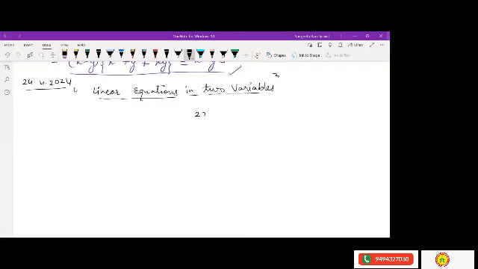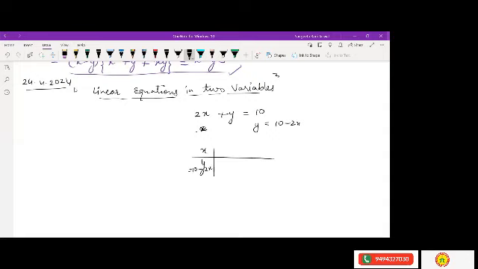Suppose you have an equation 2x plus y is equal to, say, 10. Then if you give x a value, what will my y be here? This will be 10 minus 2x. So whatever value I give to x will give me my value for y.